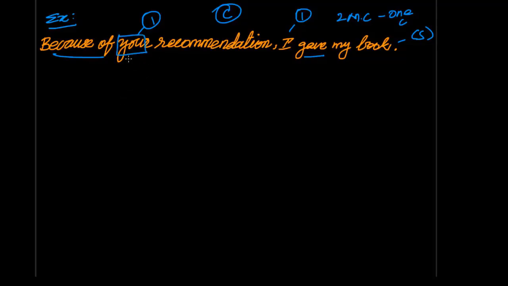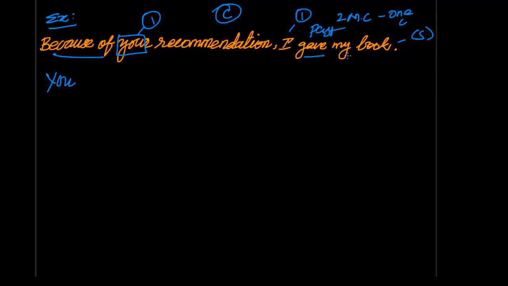So by this "you," we can make a sentence like this. We need 2 main clauses, so we make a sentence with the subject, verb and the remaining. So we found the subject you, and we have to make the sentence according to the tense of the sentence. Here, the finite verb indicates gave, past.